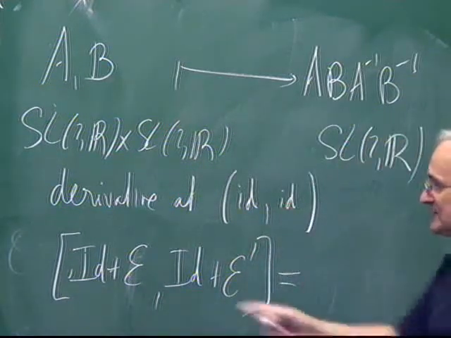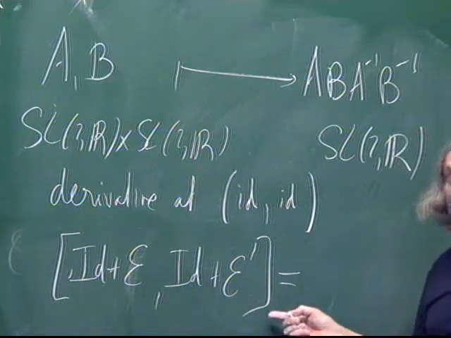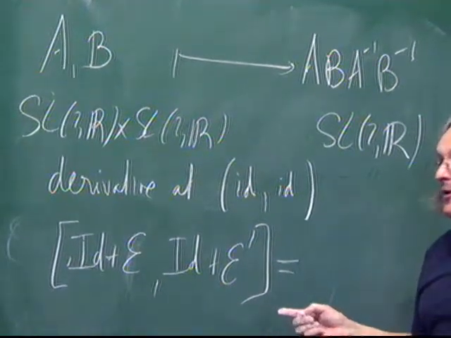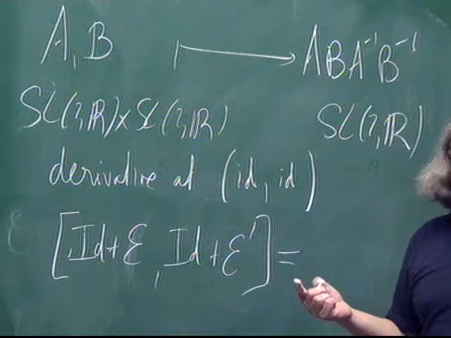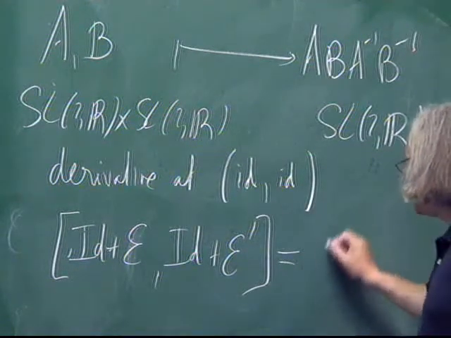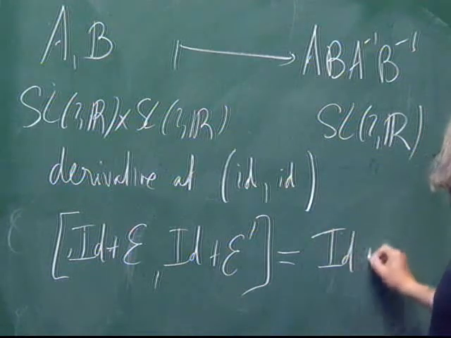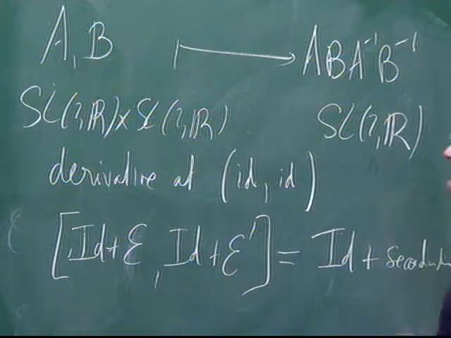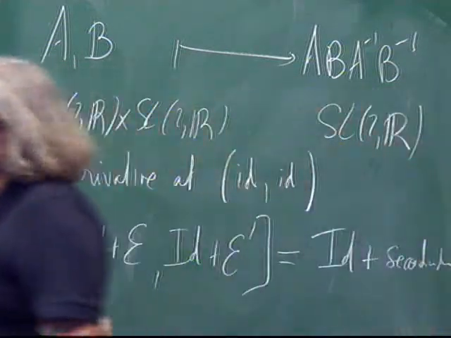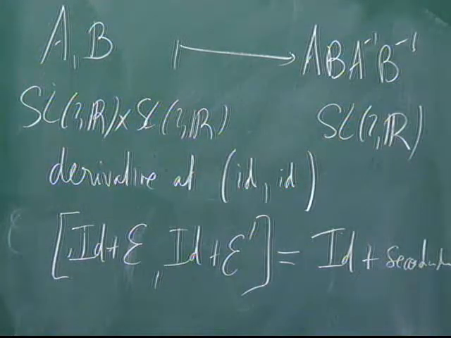And you see matrices close to the identity commute up to second order. So this commutator is identity plus second order. But I don't go into the details. That's something that can be done easily by hand. So that shows that if you take two matrices which are close to the identity, the commutator is even closer to the identity.